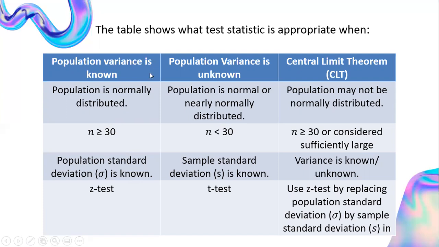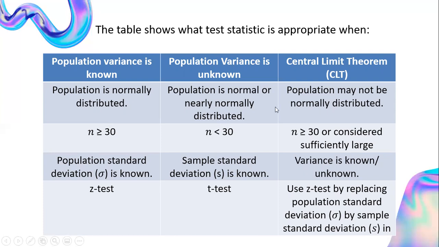Again, if your n, or your sample size, is greater than or equal to 30, and the population standard deviation is given, then we need to use the z-test. But if your sample size is less than 30 and it is still normally distributed and the sample standard deviation is given, then we will use the t-test.